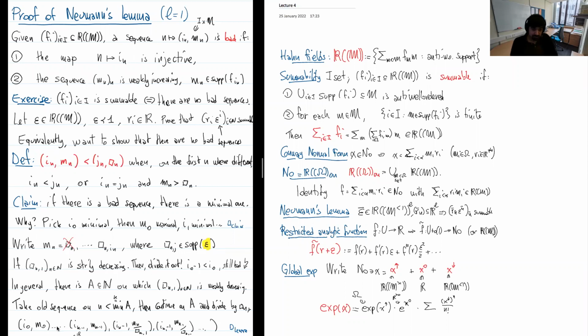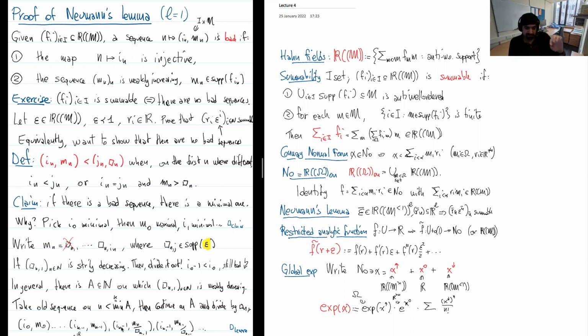So I follow the old sequence up to the beginning of the subsequence over the set A, and then here I divide, and by dividing, I also decrease this index here. Now, this sequence is still bad, except for one case. I don't know if anybody's going to notice, so it's going to be an exercise to fill in the remaining details of this proof.